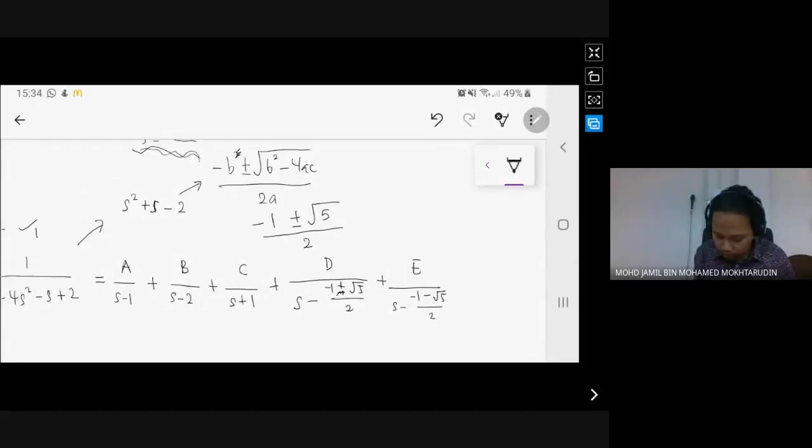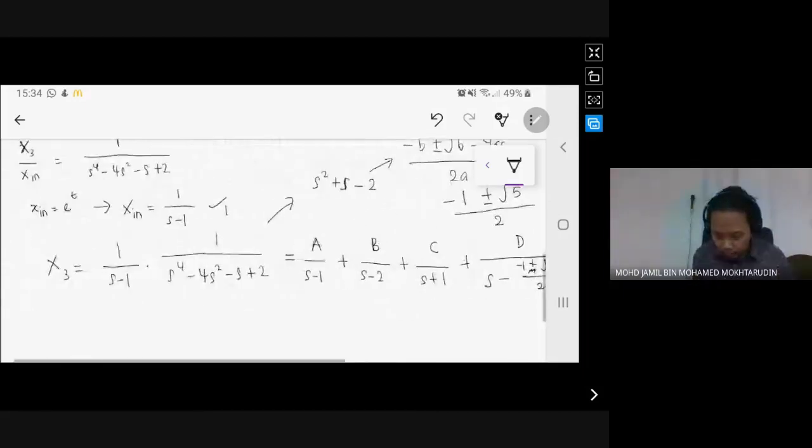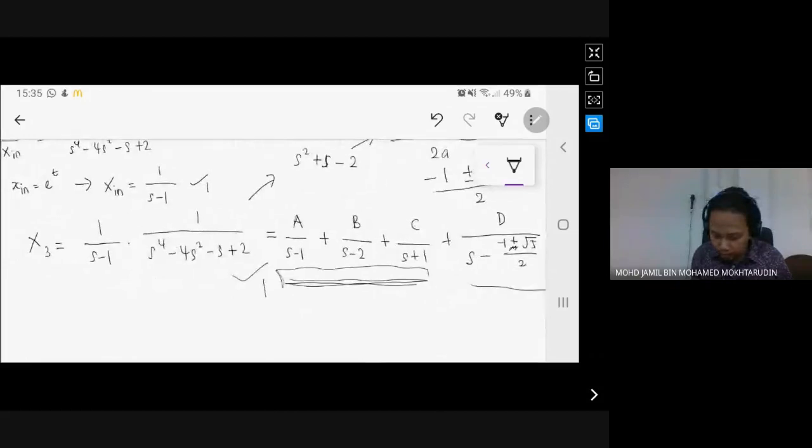Okay, so if you write these three only, I give you 1 mark. Meaning that you know you are going to do partial fraction expansion, but you are not sure about these two. So if you write only this section here, you get 1 mark.